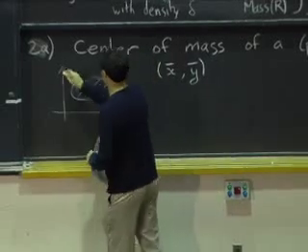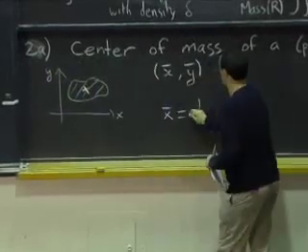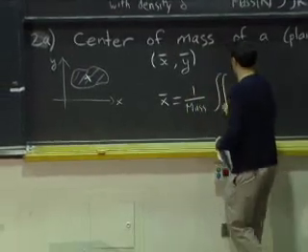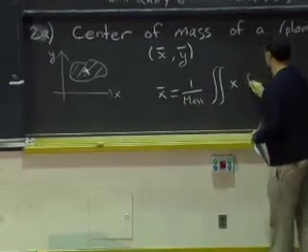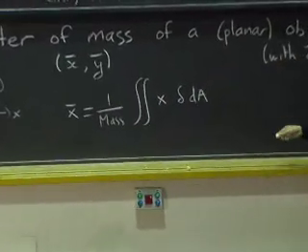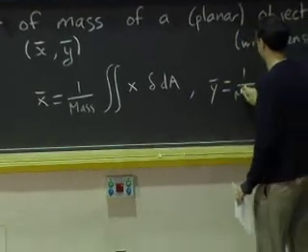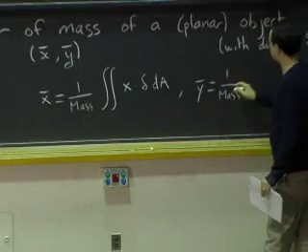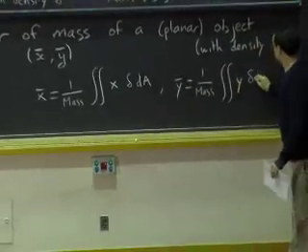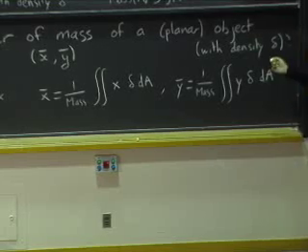Just to give the formulas again, x bar would be 1 over the mass times the double integral of x times density dA. And same thing with y. Y bar is the weighted average of the y coordinate in your region.